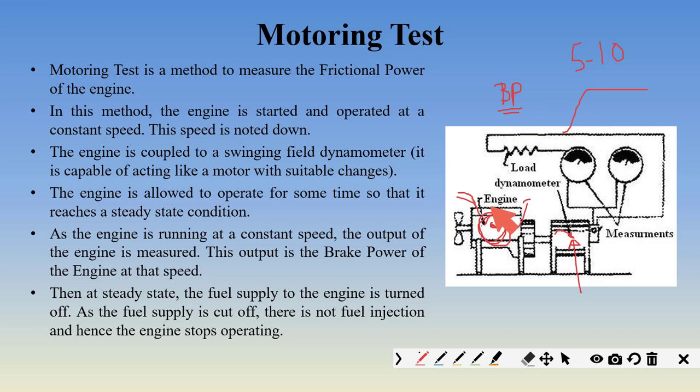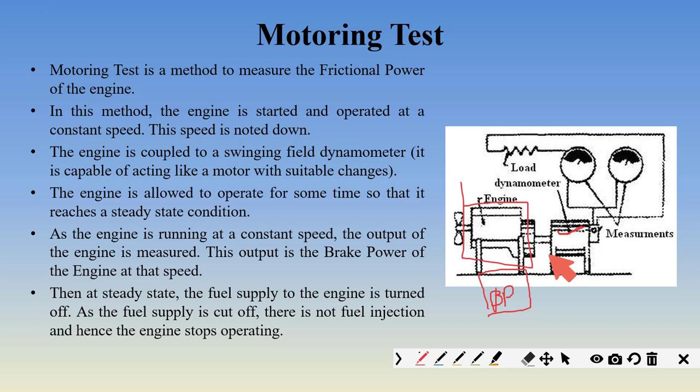So the engine basically reaches a stable state. The coolant inside and the lubricant inside reach a stable state. So we allow the engine to operate for 5 to 10 minutes, and during that time, we take the brake power reading of the engine. So we know the brake power of the engine because of this dynamometer.